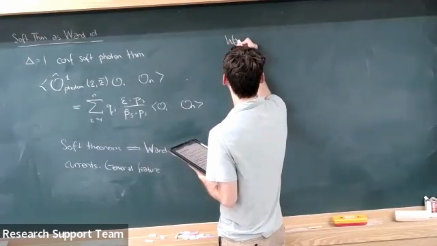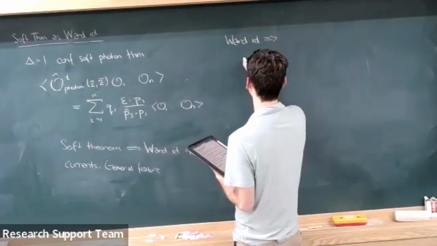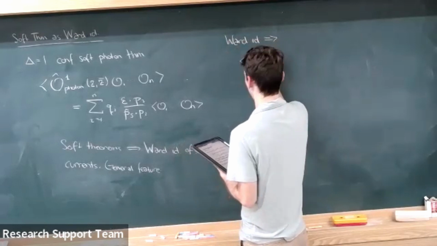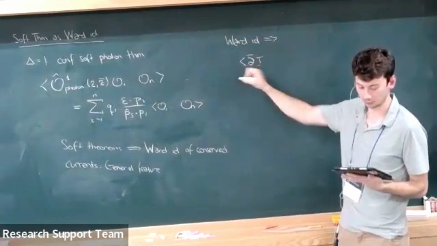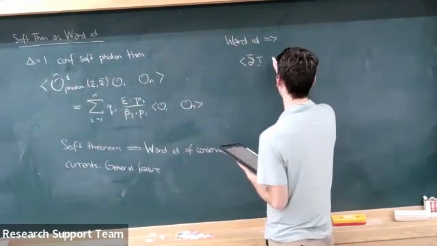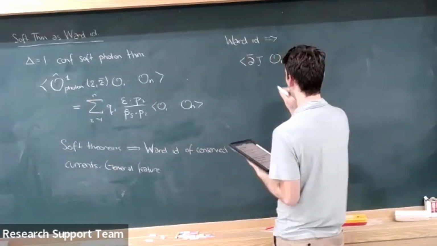So the Ward identity actually implies the following relationship. If I take the anti-holomorphic derivative, the one with respect to z bar, of this current J, and I insert this in the celestial amplitude, then what do I get?